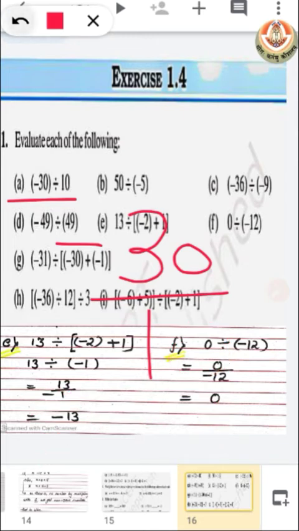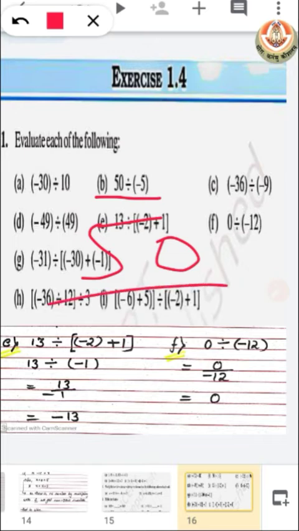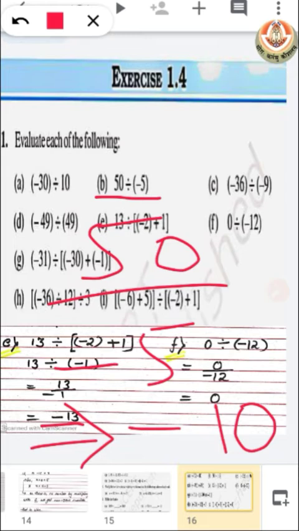The next, B, 50 divided by minus 5. Same case, one negative and one positive integer. So the answer will be negative, and 50 divided by 5 will be 10.